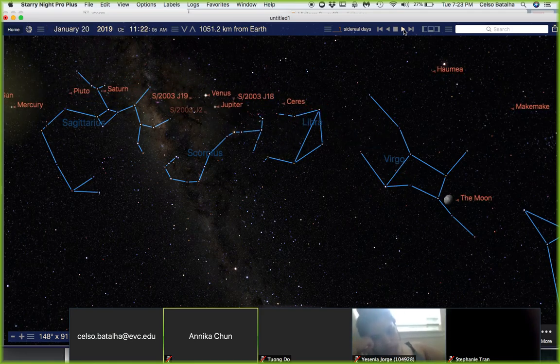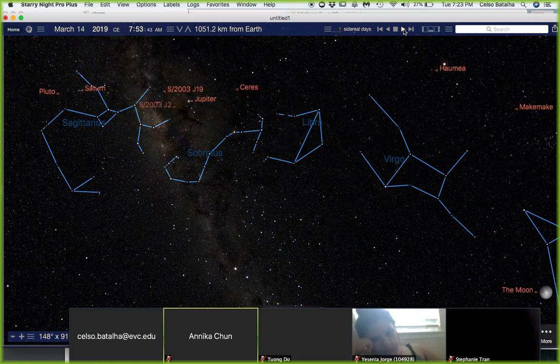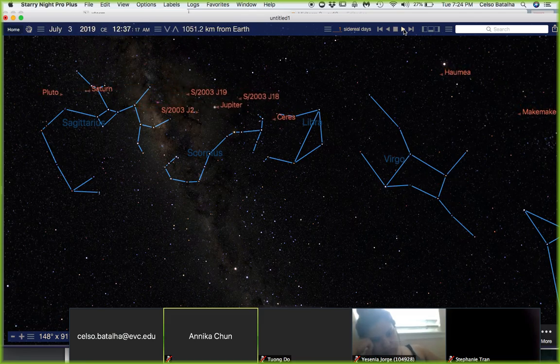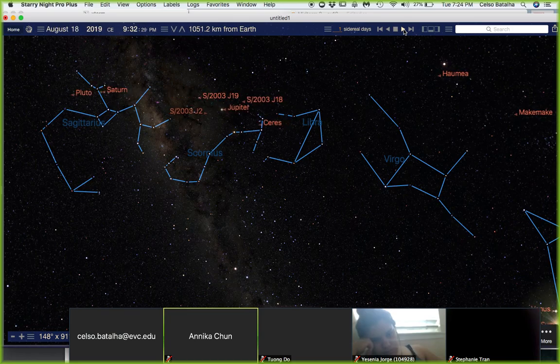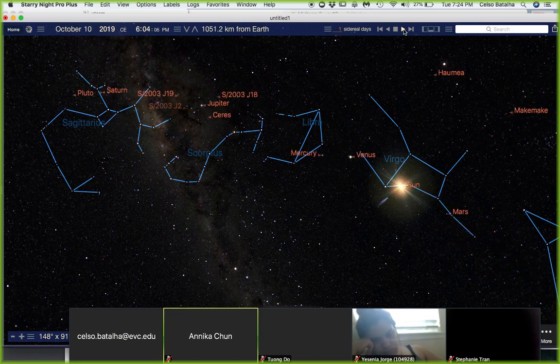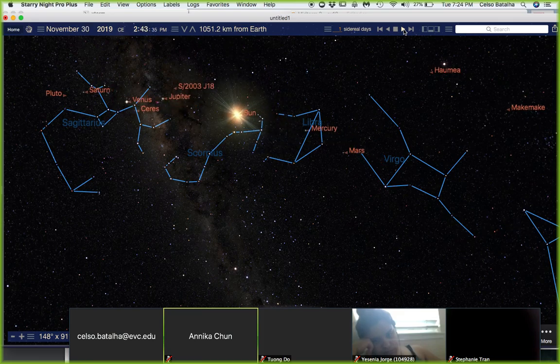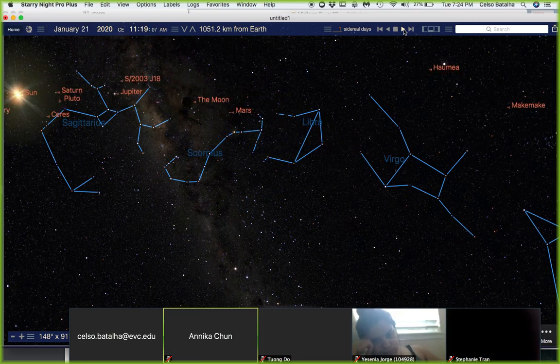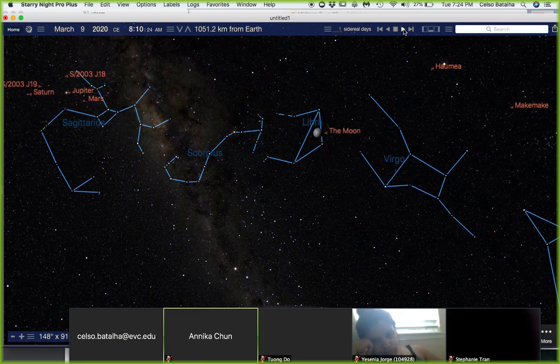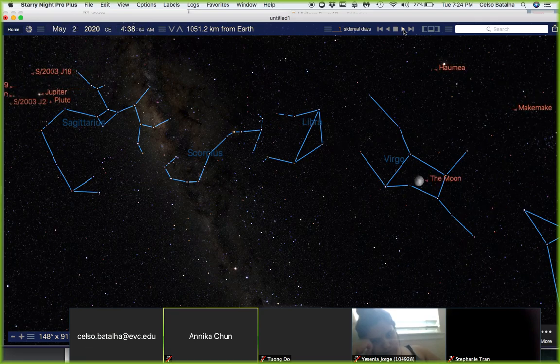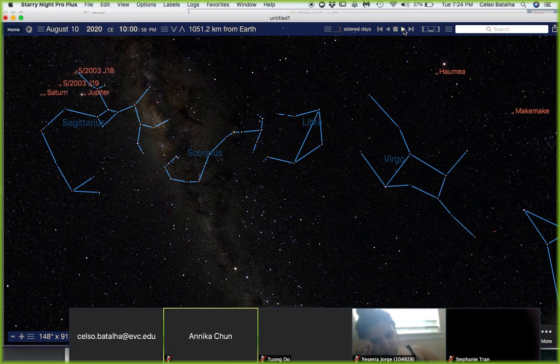So what you're seeing here is the following. Planets, and that includes the moon and the asteroids. As you can see, there is Ceres, which is a dwarf planet now. You see Mercury. So planets, the sun and the moon have some independent apparent motion, because it's not a real motion we are seeing here.